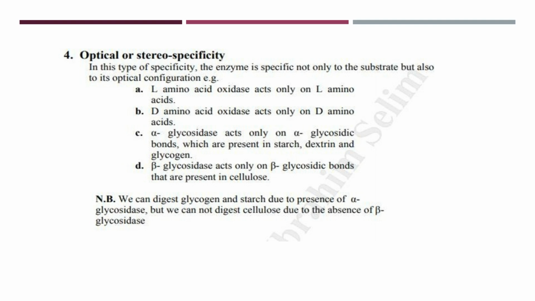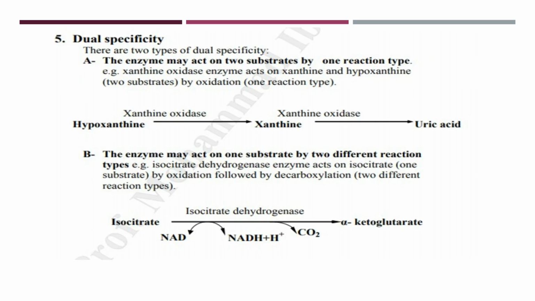Examples include L-amino acid oxidase, D-amino acid oxidase, and different glucosidases acting on specific glycosidic bonds. Dual specificity involves 2 types: an enzyme acting on 2 substrates by one reaction type, like xanthine oxidase, or an enzyme acting on one substrate by 2 different reaction types, like isocitrate dehydrogenase.